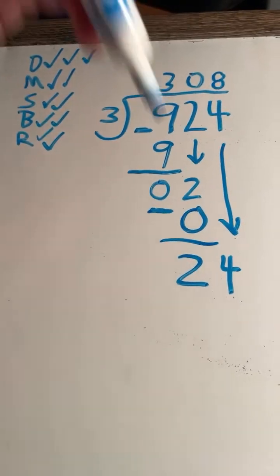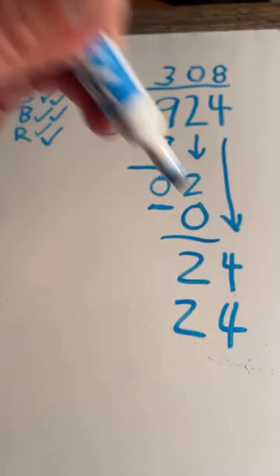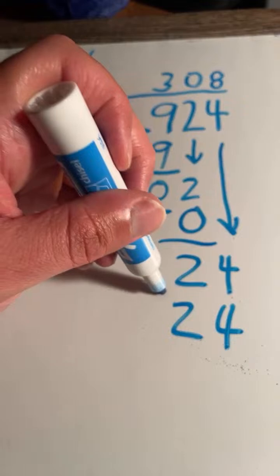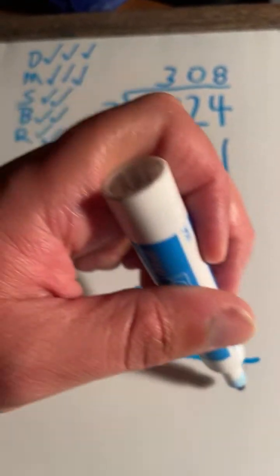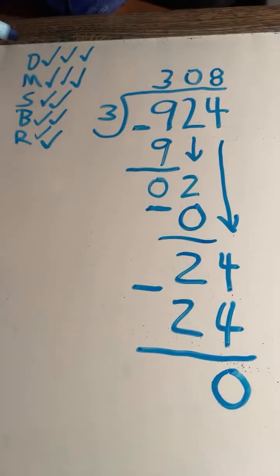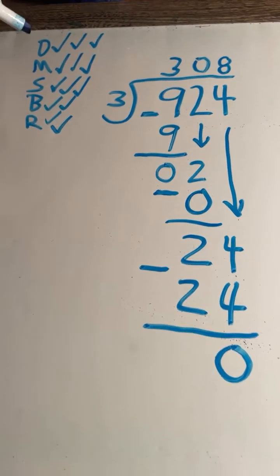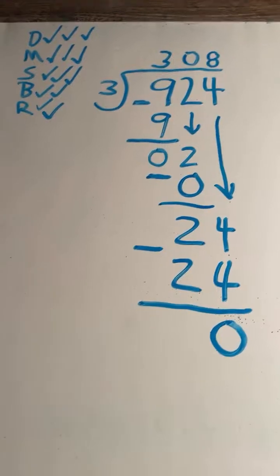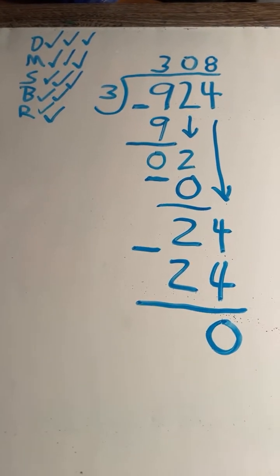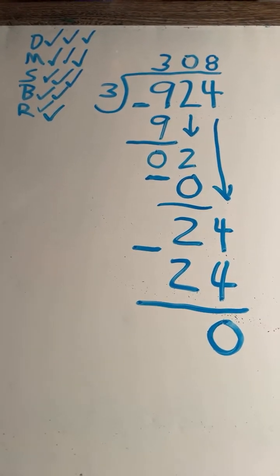Next, we multiply. 8 times 3 equals 24. Next, we subtract. 24 minus 24 equals 0. There is no remainder and nothing else left to bring down, so we have our final answer. 924 divided by 3 equals 308.